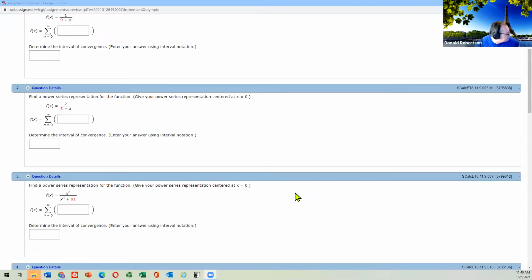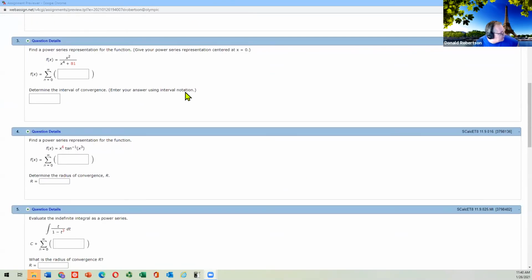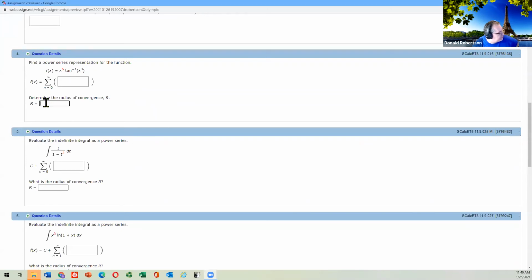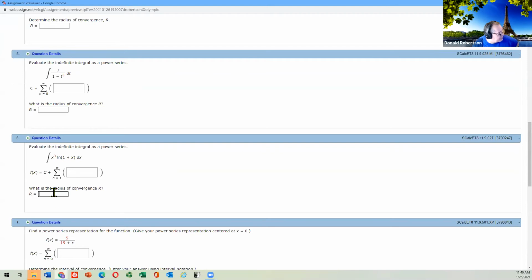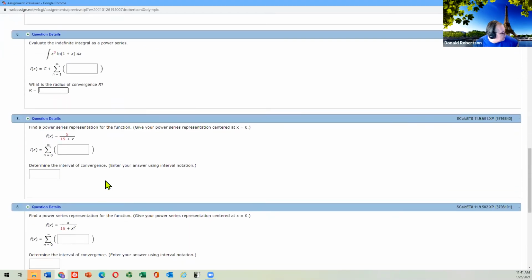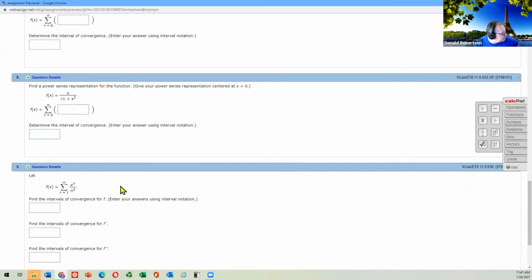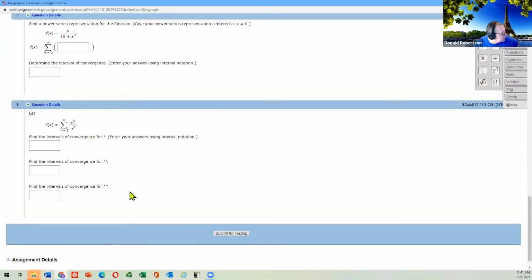Right, so here are examples of those types of questions. Do you see that in quite a few of them, they ask you to find the radius of convergence as well? A lot of these guys are more difficult versions of the ones that I've been doing.